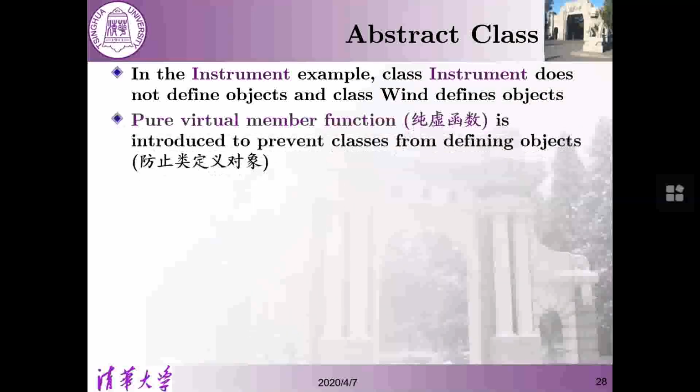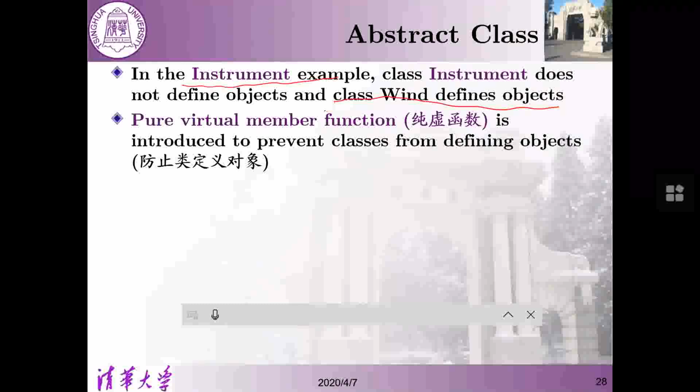It just provides some interface, right? So only the class wind defines objects. This instrument actually does not need to define objects, because this instrument does not have sound, right? So this is just a general idea. But class wind can define objects because you can play some sound, right?